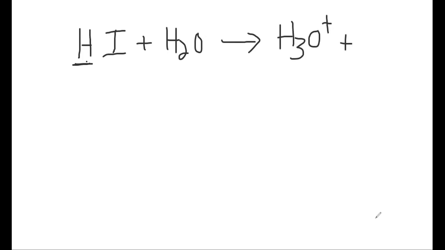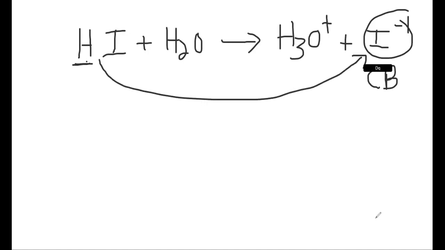Now iodine is a halogen, so it always forms a -1. So it's going to be I-. In this case, the I- is the conjugate base. So this is the conjugate acid-base pair, HI going to I-.